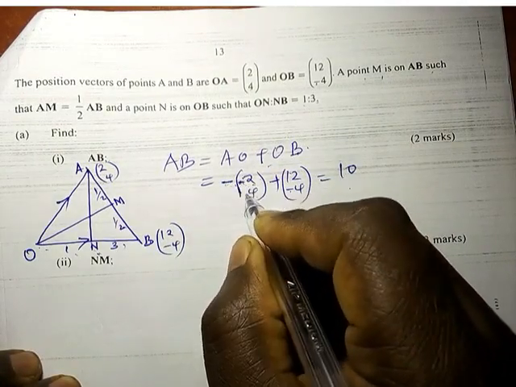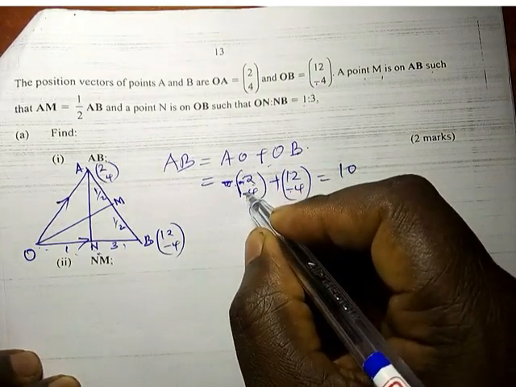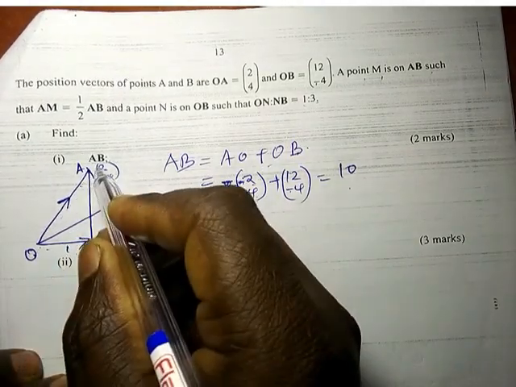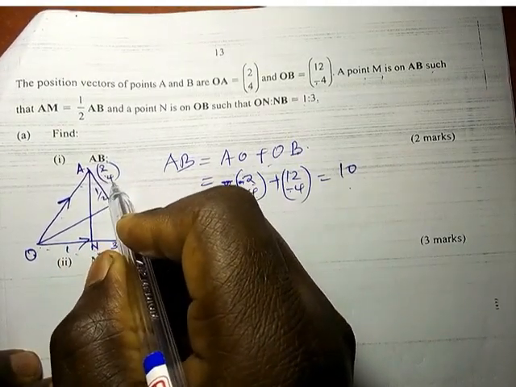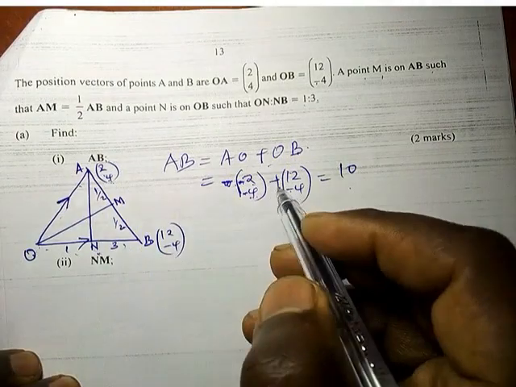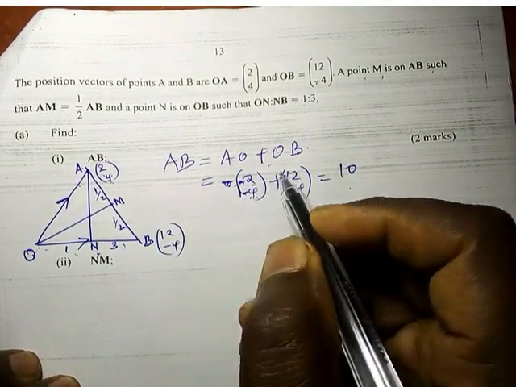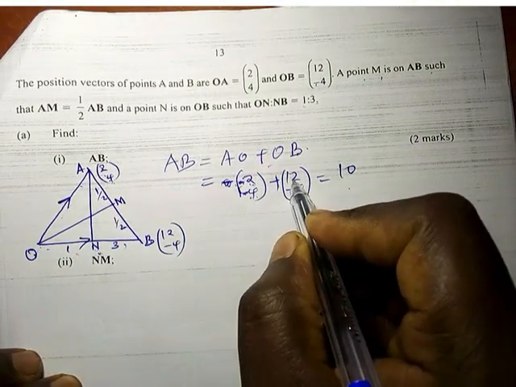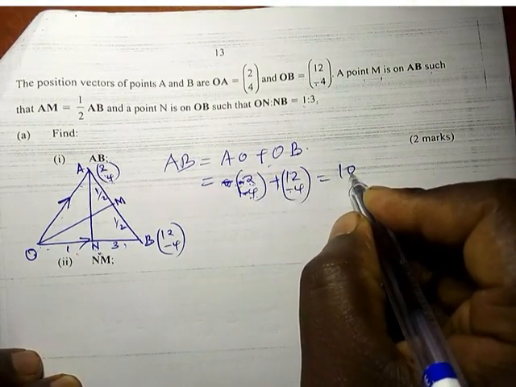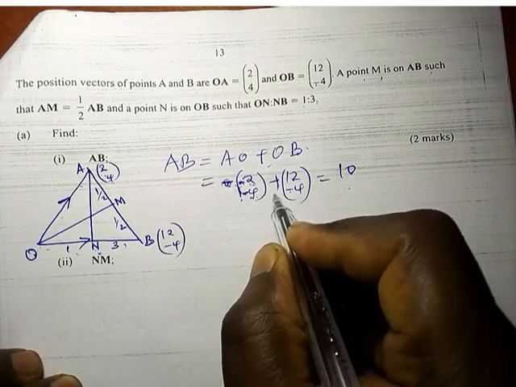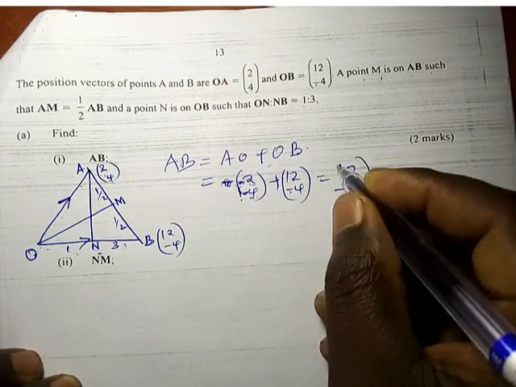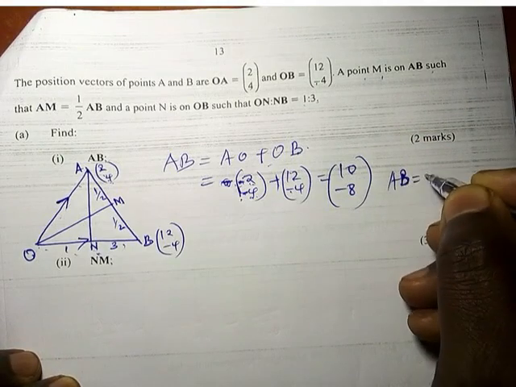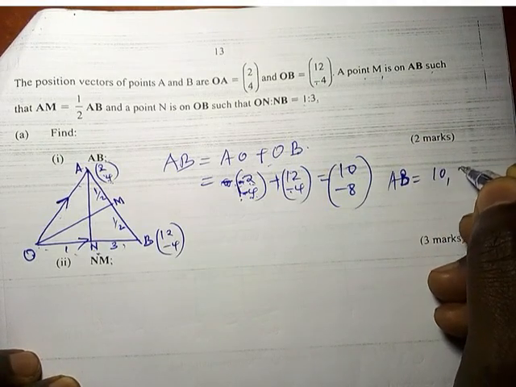In fact, let me put it on the negative side. I put this negative because we are going the opposite direction. From OA it is 2, 4. So when we return like this it becomes negative, that is why I have put negative. Okay? So negative 2 plus 12, the answer is 10. Negative 4, the answer is negative 8. So AB is equal to 10, negative 8.